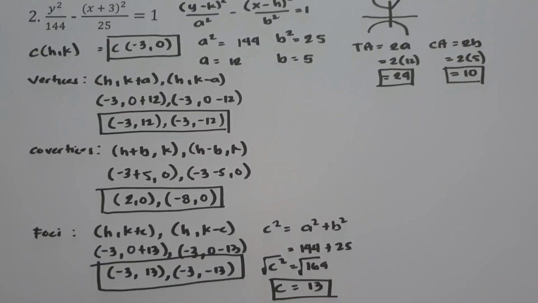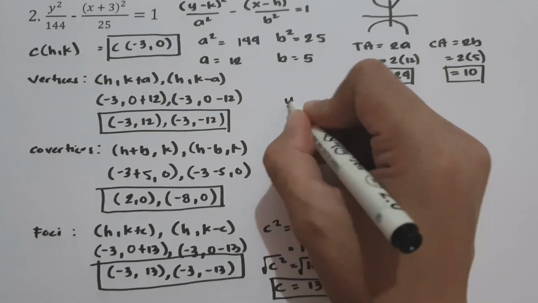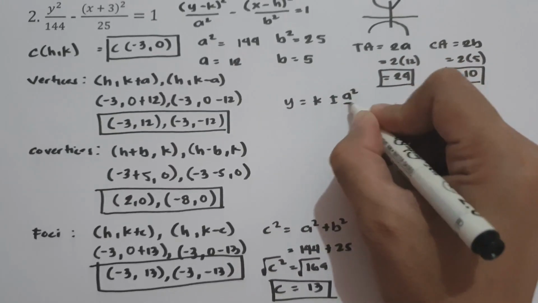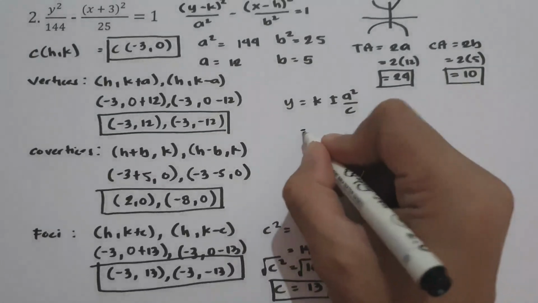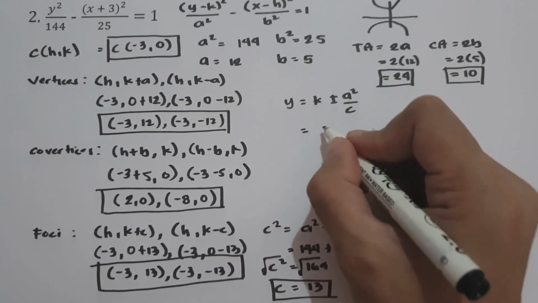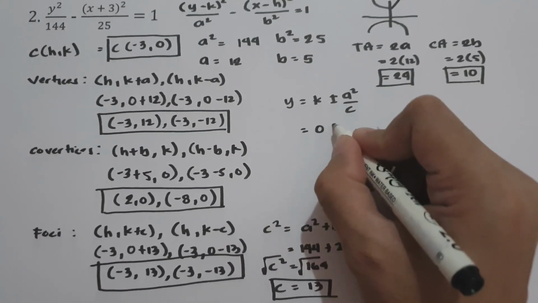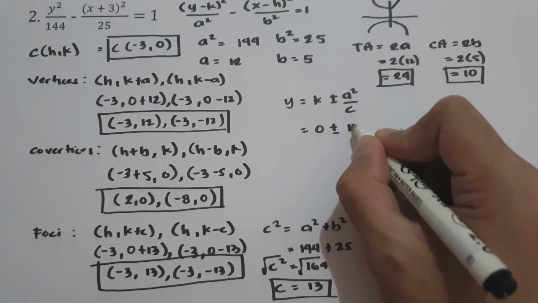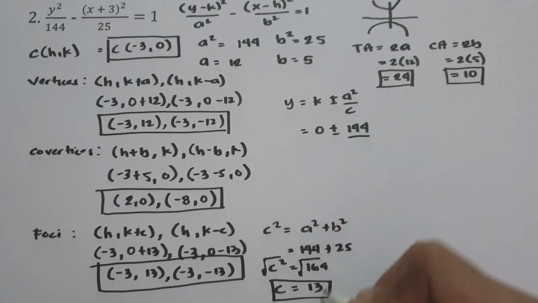And to find the equation of our directrices, since our hyperbola is vertically oriented, we are going to use y equals k plus or minus a squared over c. So let us have the value of k, that is 0, plus or minus a squared, that is 144, over the value of c, that is 13.